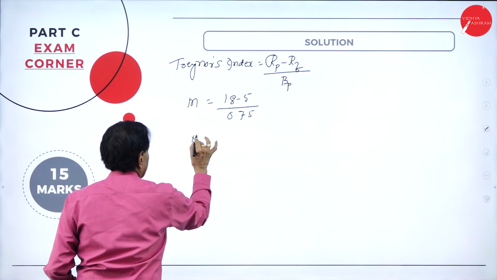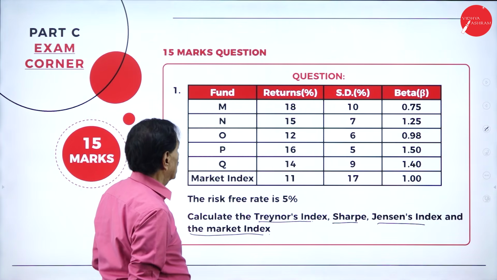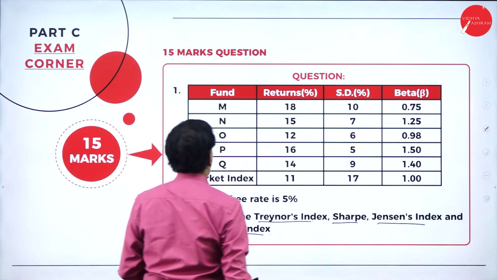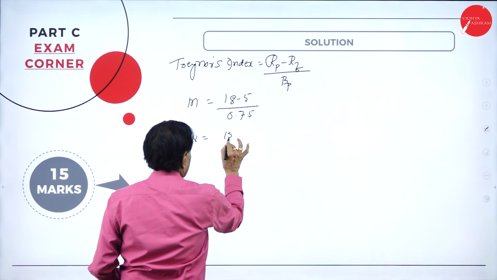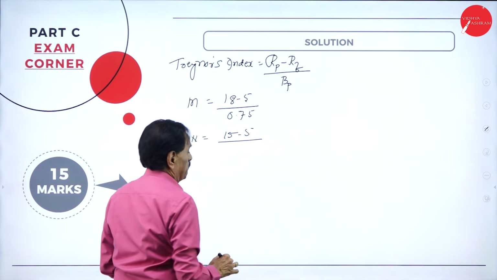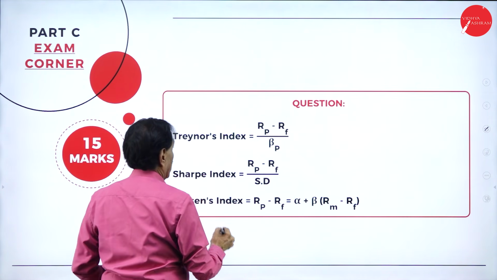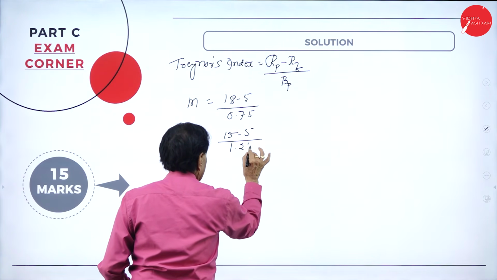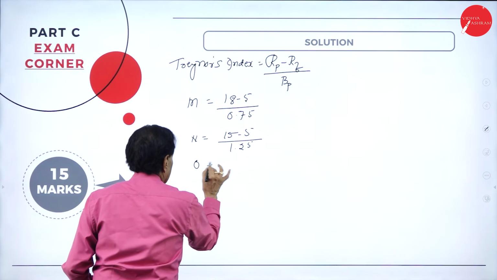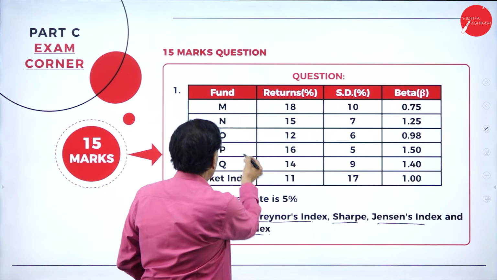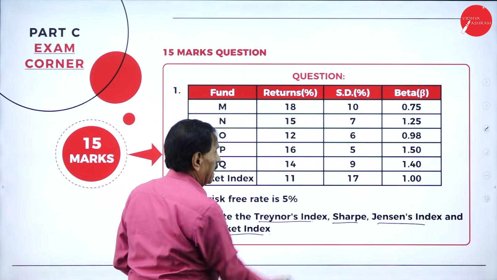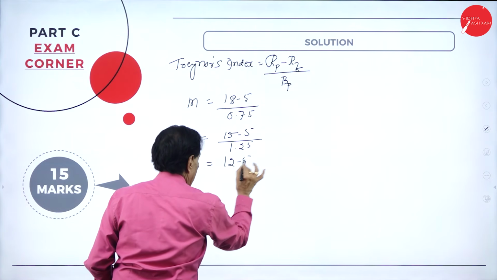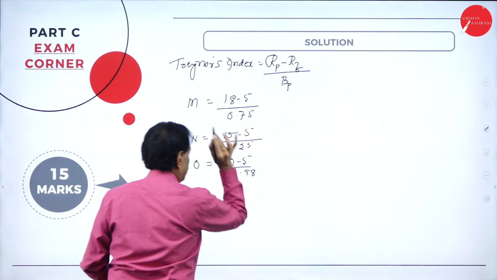Then N, your return is 15 minus 5 divided by beta 1.25. O, your return is 12 minus 5 divided by 0.98.